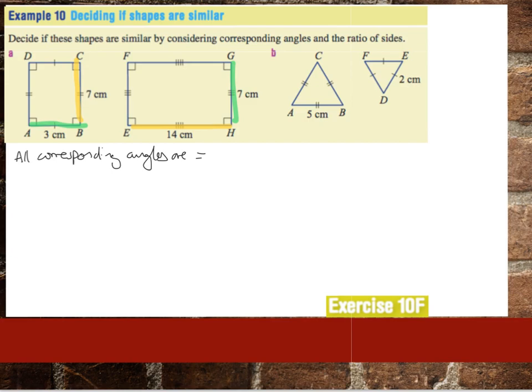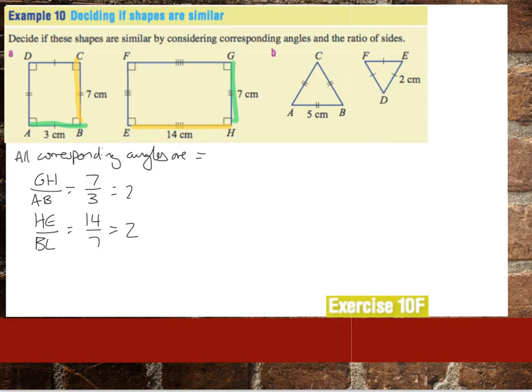I'm just going to take the green side first. GH over AB equals 7 over 3. Then the yellow one, HE, the big one first, HE over BC equals 14 over 7, which equals 2.